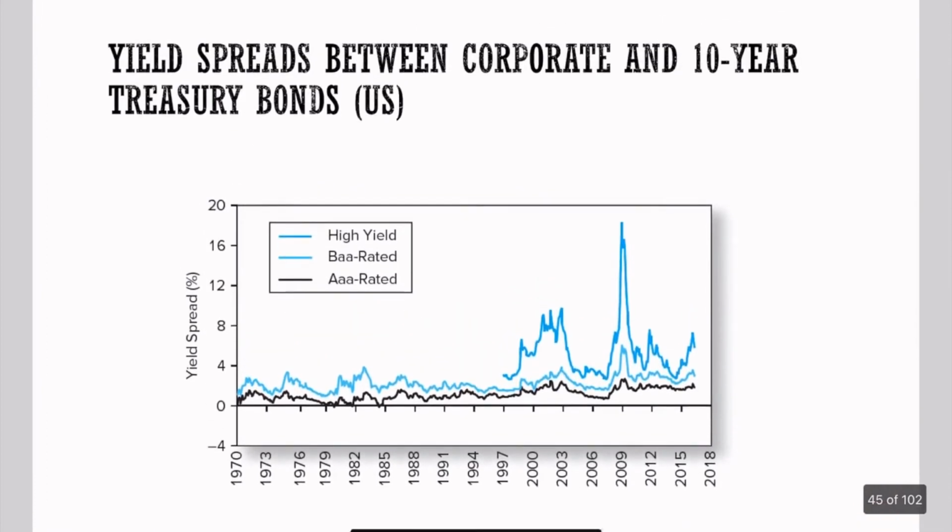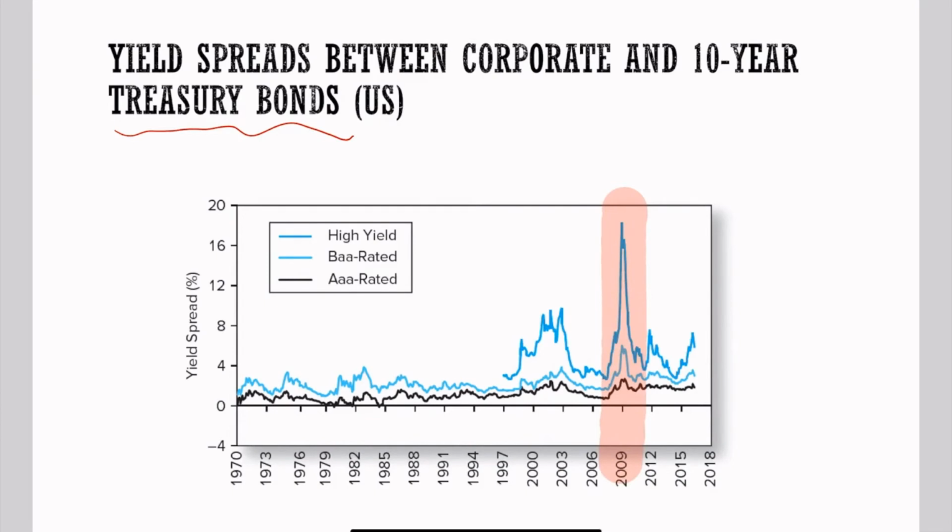Here we can actually see the yield spreads between corporate and 10-year treasury bonds. We are using the U.S. government bond, and to be more precise, the 10-year treasury bonds. What you can see is a huge spike in default premium during the financial crisis. This is very understandable.